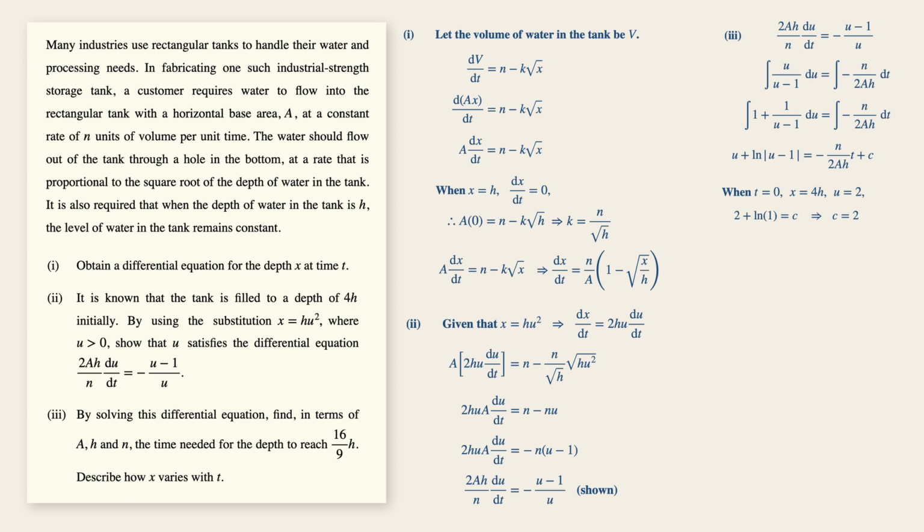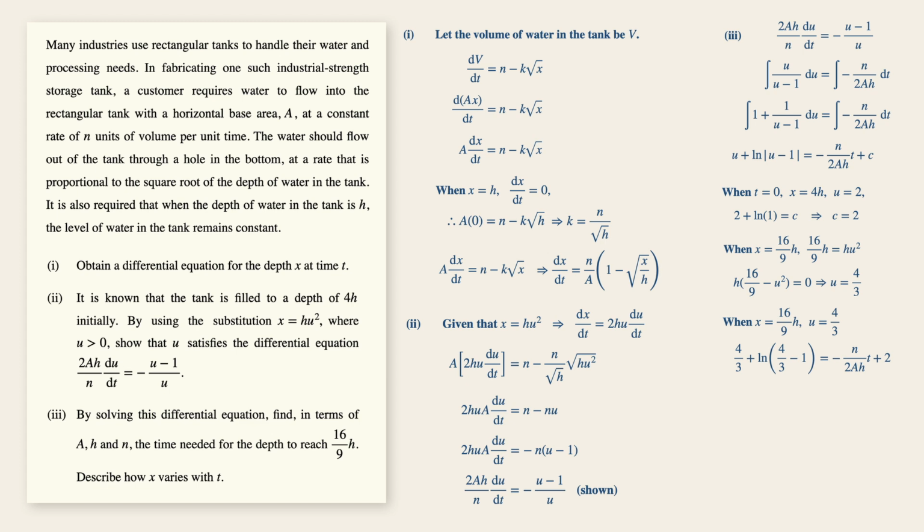It is also given in the question that we need to find the time needed for the depth to reach 16 over 9 h. So when x equals 16 over 9 h, u equals 4 over 3. Substituting that into the expression, we have 4/3 plus ln(1/3) equals minus n over 2ah times t plus 2.